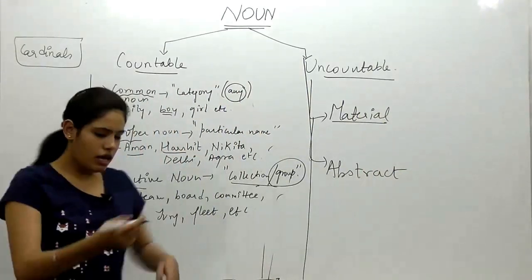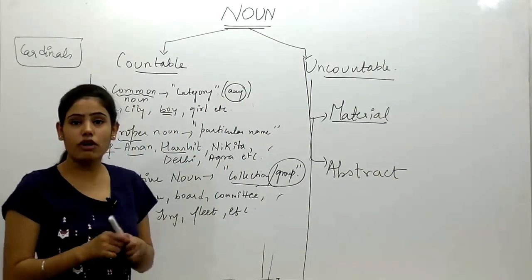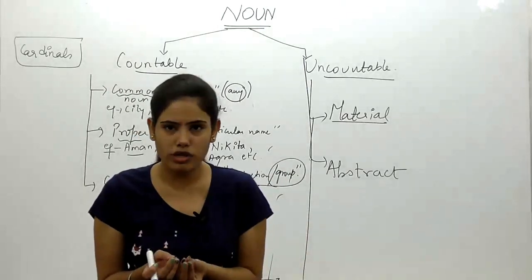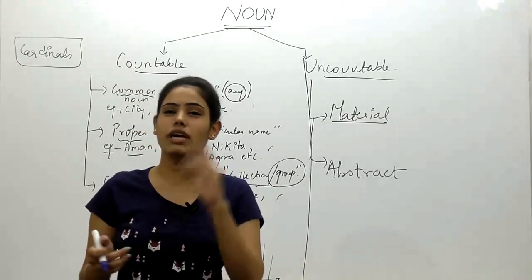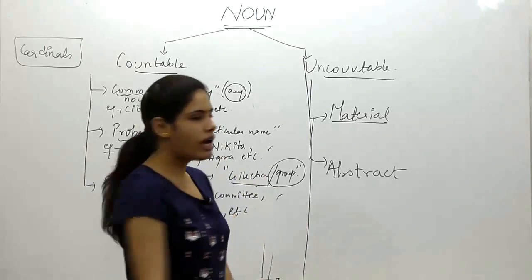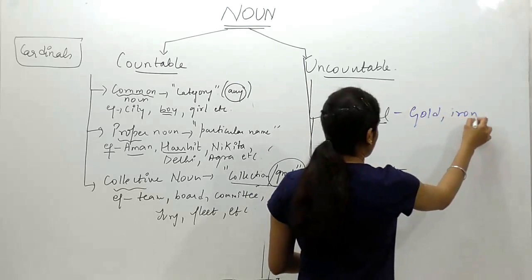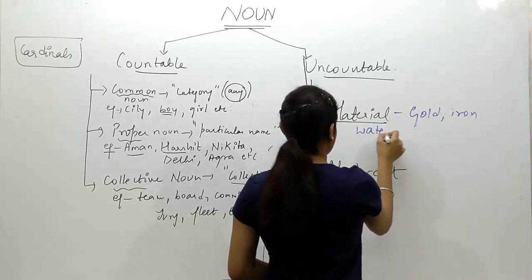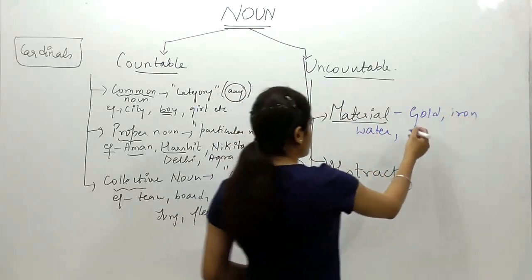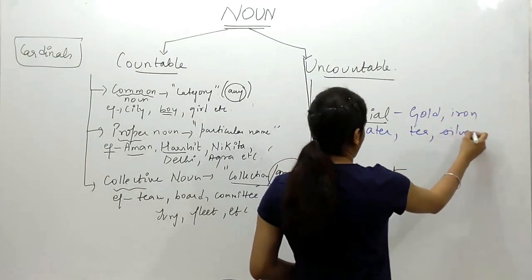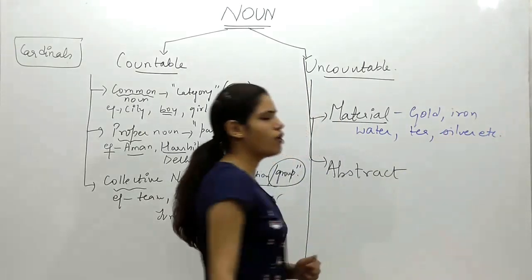Okay. When I talk about material noun, material का मतलब किसी चीज से बना हुआ कोई चीज. Like for example, अभी मैंने आपको example दिया था, gold, वो क्या है, material noun है. गोल्ड हो गया या आयरन है या फिर आप वाटर ले लीजिए, राइट, सिल्वर etc. These are material nouns.